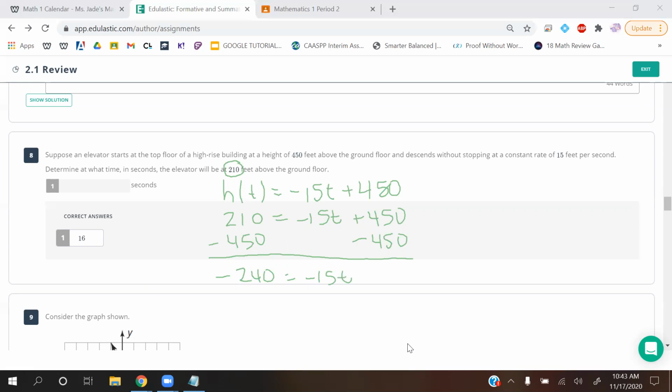Those are being multiplied, so you have to divide to cancel. If you do -240 divided by -15, you'll get 16 as your answer. So the answer is 16 seconds, which I would have shown you, but I accidentally double-clicked the next button and skipped over it. My bad. Any questions on this one?